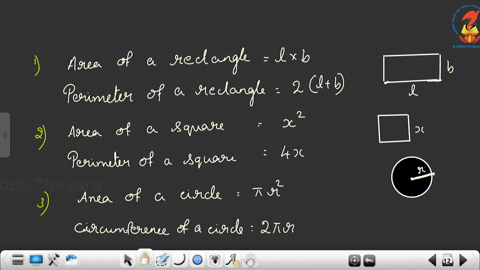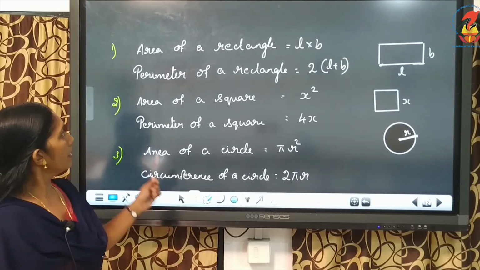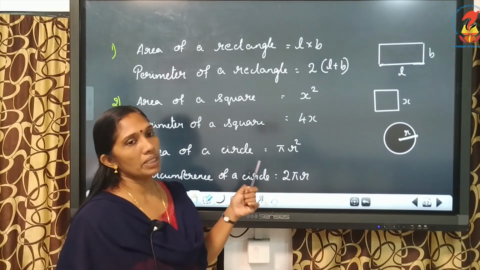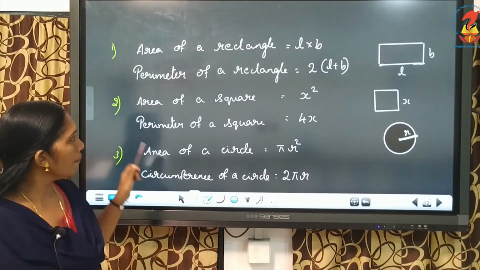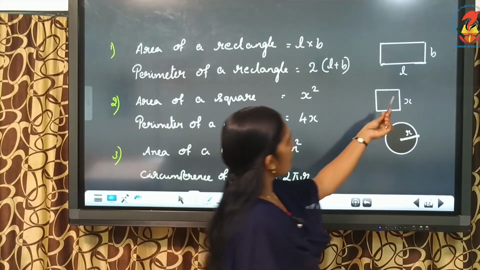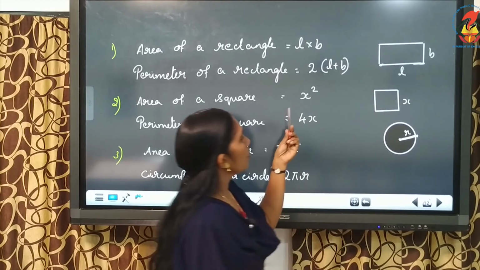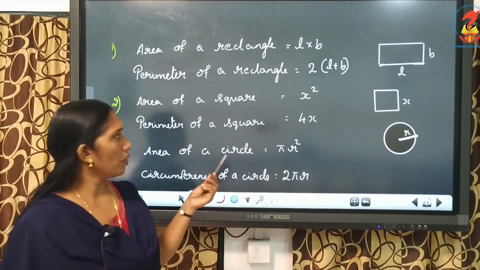We all know these. You studied this in the earlier classes, but you just write all these in the notebook. Area of a rectangle, that is length into breadth. Perimeter of a rectangle means 2 into L plus B. Area of a square, if x is the side, all sides are equal in a square, so area is equal to side into side or x square.